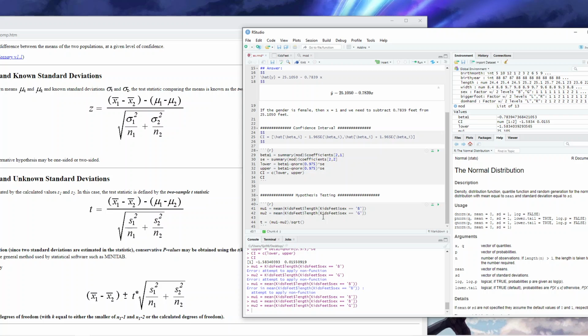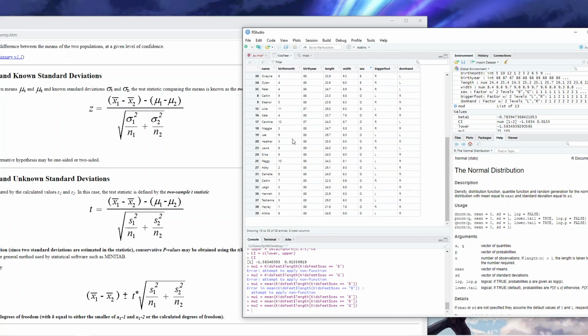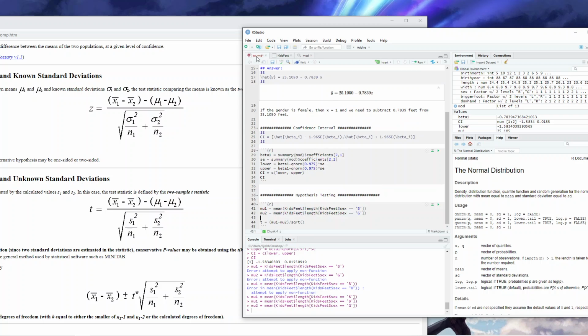So in this case, you need to count how many boys and how many girls in this set. So n1 for boys, I need to count how many of them.